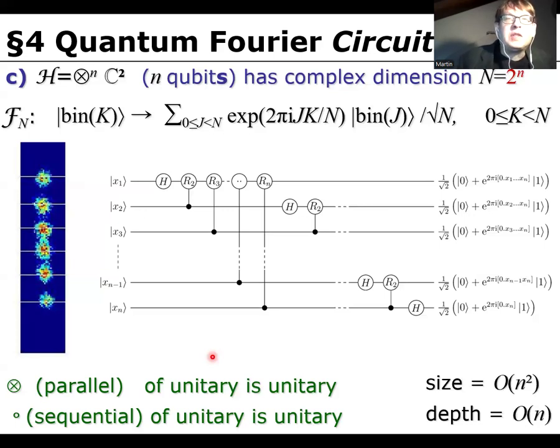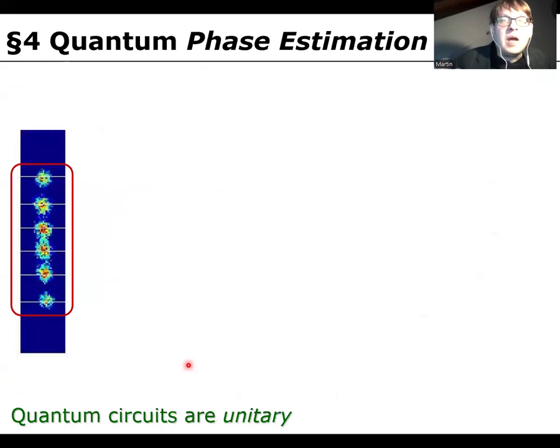So this is a very efficient quantum circuit, although it operates, as always, on a state space of exponential dimension based on this tensor factorization. So that's polynomial. And now we're ready to talk about quantum phase estimation problem and quantum phase estimation circuits.